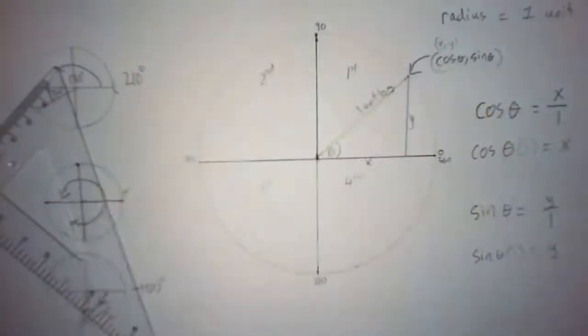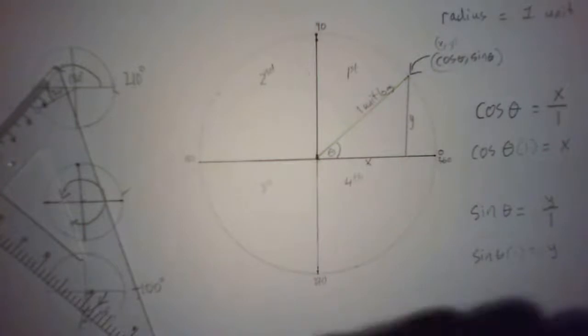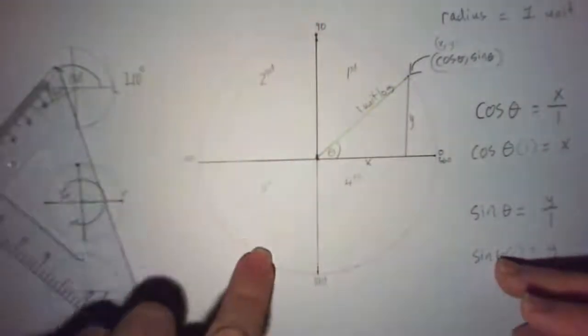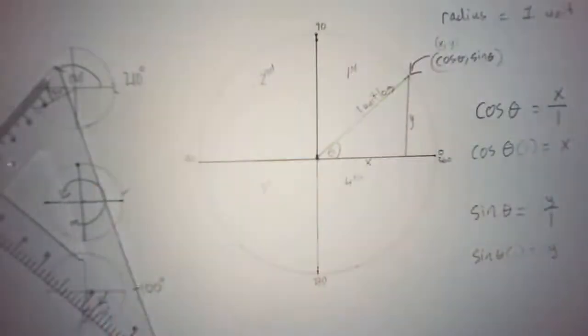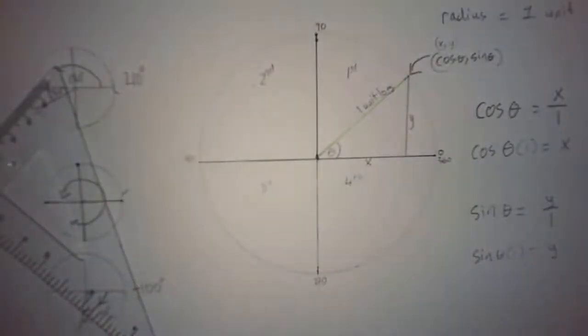Now, isn't that pretty nifty? Okay, that's what we're going to use it for. And you can do this the whole way around. You get the sine and the cos of any angle.